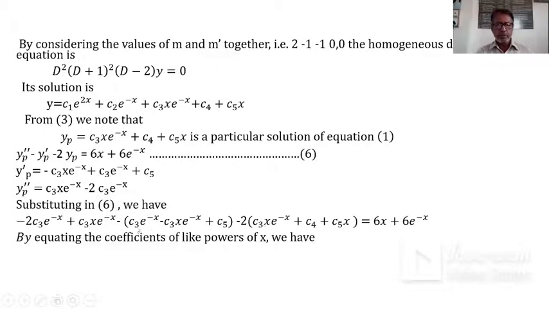This gets cancelled. Minus c5. If we collect the coefficient of x only, the coefficient of x is minus 2c5 is equal to 6. And for the remaining terms, this gets cancelled. Here minus c5 minus 2c4 is equal to 0.